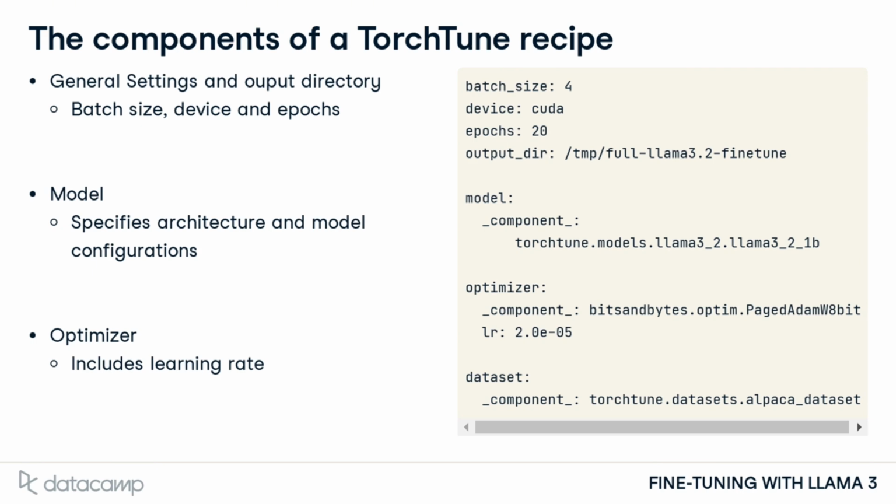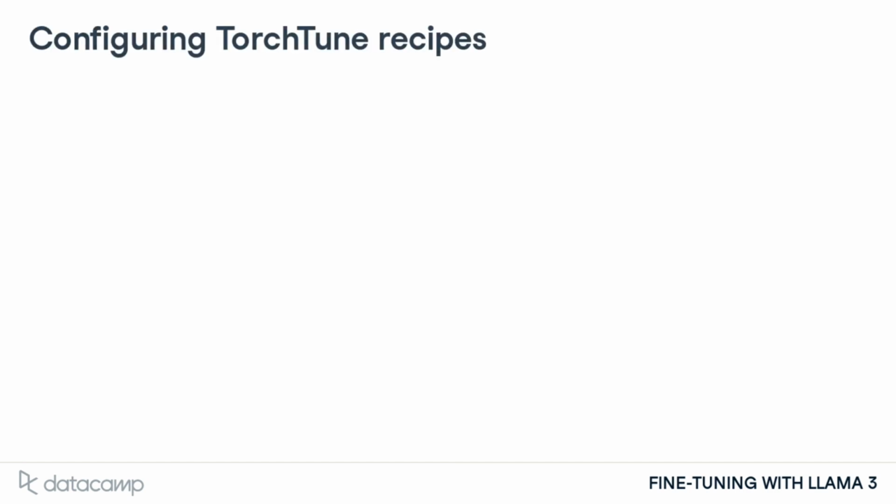The learning rate is set to 2e-5, a common starting value for fine-tuning large pre-trained models. The dataset is set to Alpaca dataset, a pre-configured dataset. Note that the configurations listed here are only a few of the available parameters.